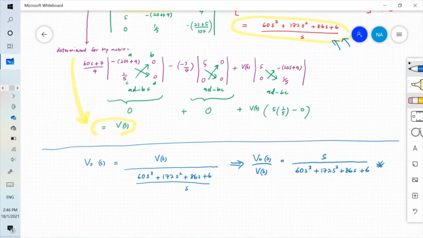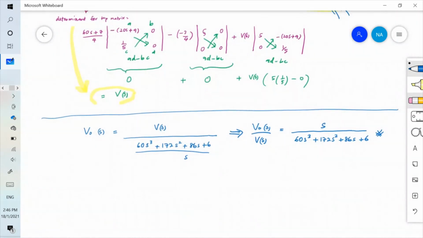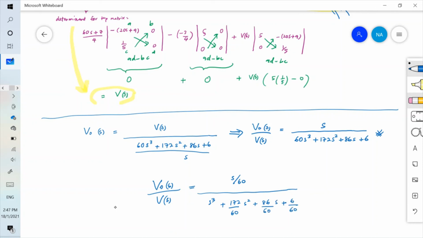You may reduce this further to become V naught S over Vs equals S over 60. Or you can just leave the answer as it is. Both answers are accepted.